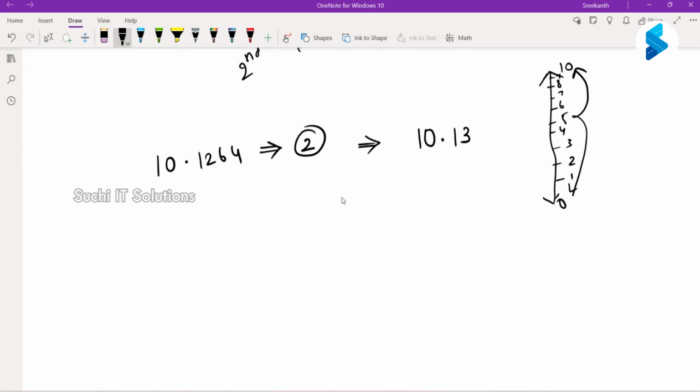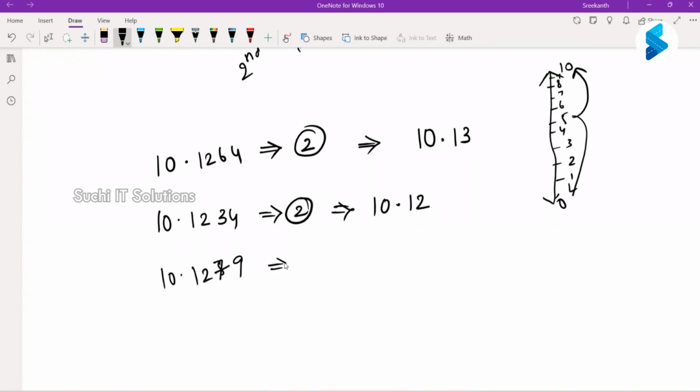If it is lesser, then I go to the previous number. So if I say 10.1234 and round it to 2 decimal points, the value would be 10.12. If I say 10.1279 and round it to 2 decimal points, it would be 10.13. Okay, let's try that.